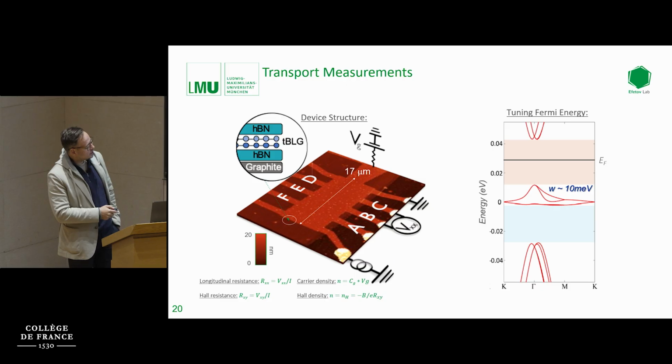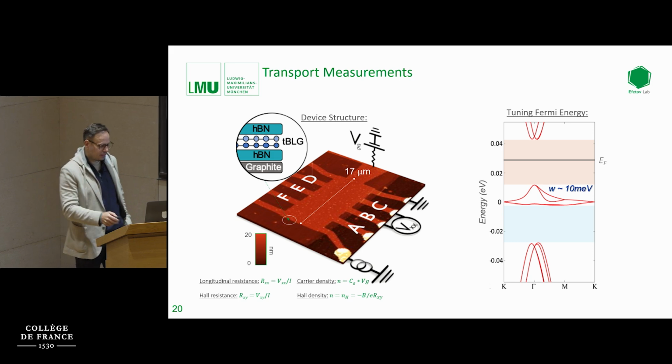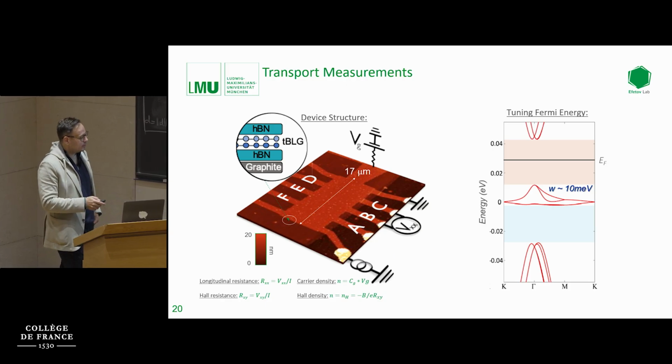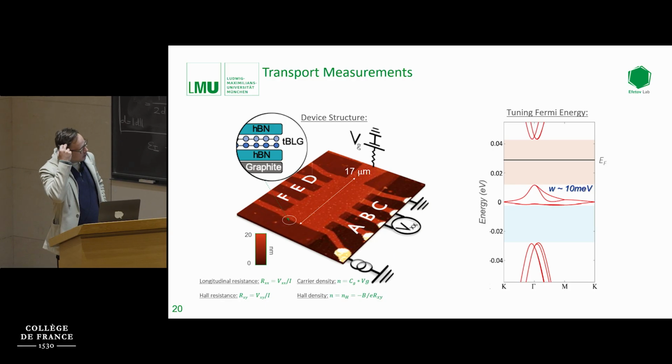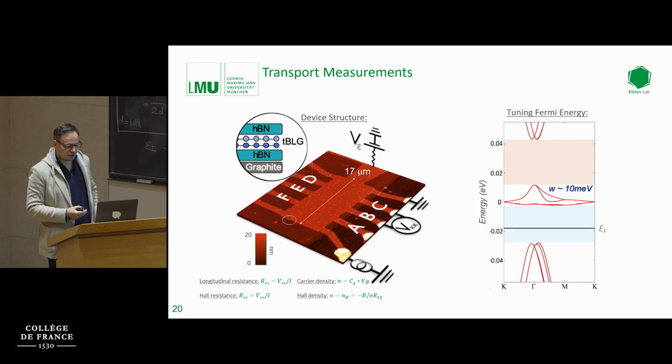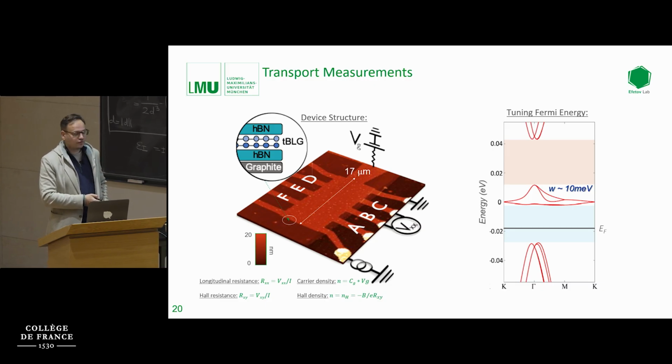But second, and very important, most of the time we also place metallic layers very close to the device, in this case graphite, but it can also be gold, which basically allows us to use voltage to inject carriers into twisted bilayer graphene. So this parallel plate capacitor configuration gives us a tuning knob to measure the devices with the precision of your voltmeter as a function of the Fermi energy, right?